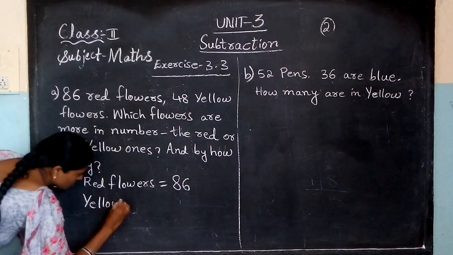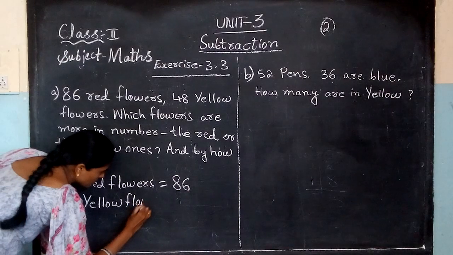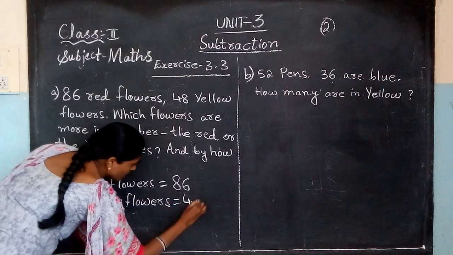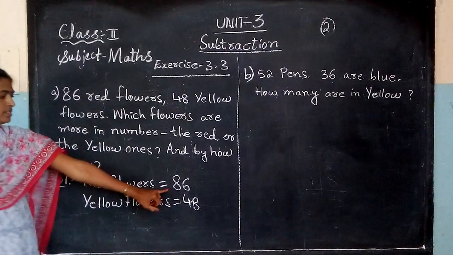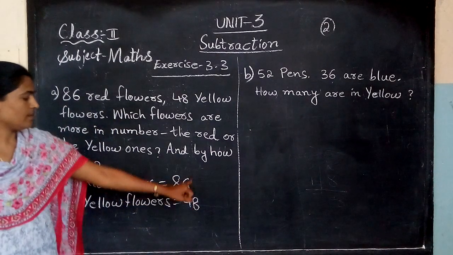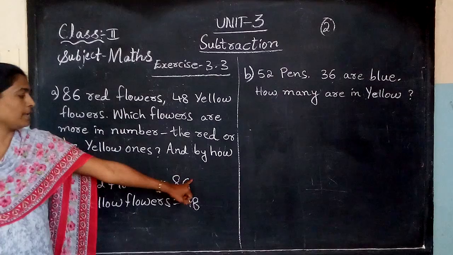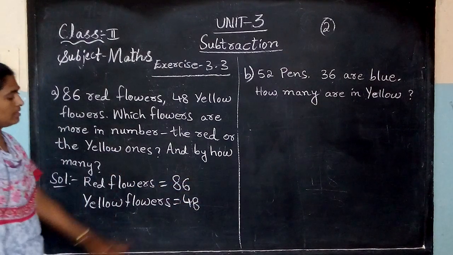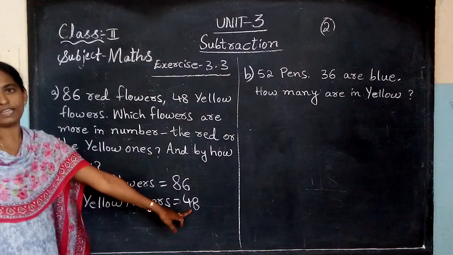Yellow flowers is equal to 48. Here you see 86, 48. Here from a small number, a big number you cannot take away. Here 86 minus 48 is there.